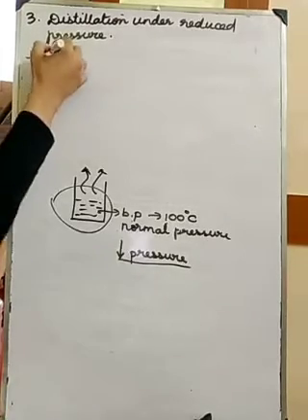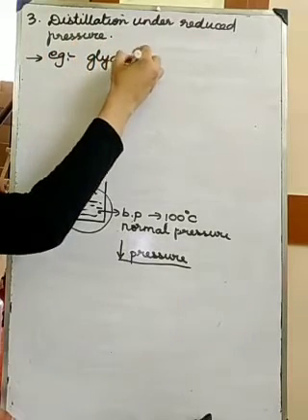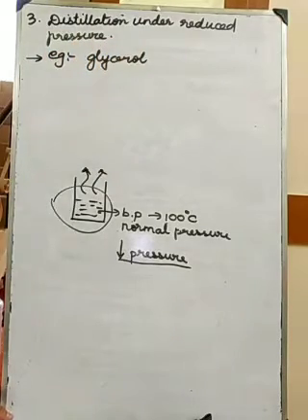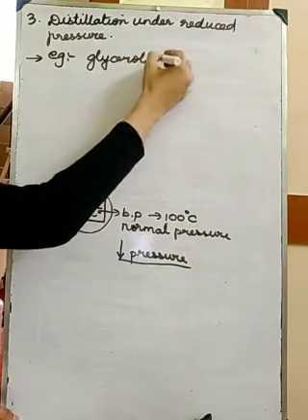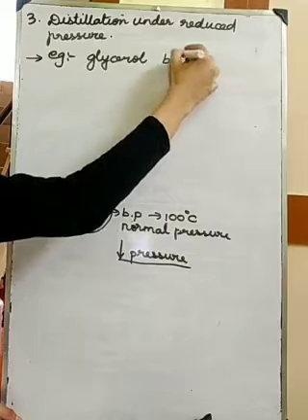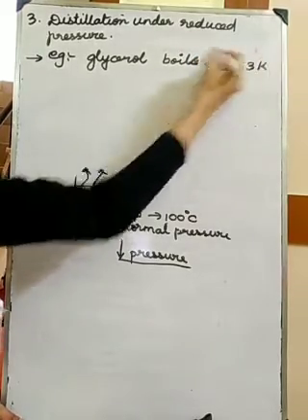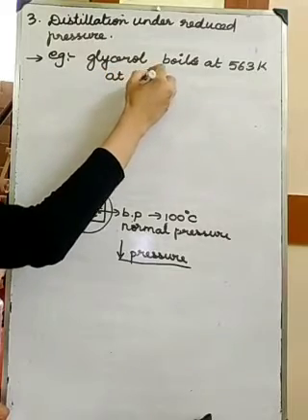For example, there is a liquid called glycerol. Okay, so this glycerol, it will boil at 563 Kelvin at normal pressure.